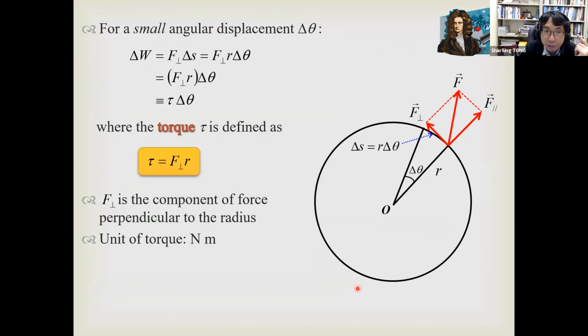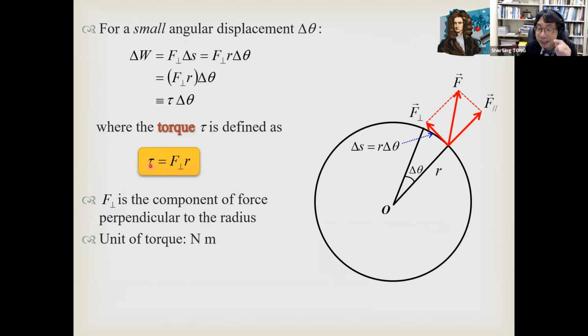So I can identify this combination, the perpendicular component of the force multiplied by the distance from the point of rotation, as a torque. And you can see from this definition that the unit of torque is Newton meter, because the unit of force is Newton and the unit of distance is meter.